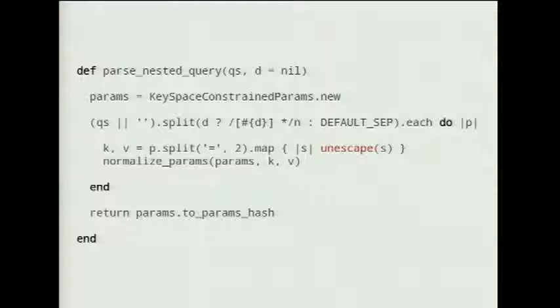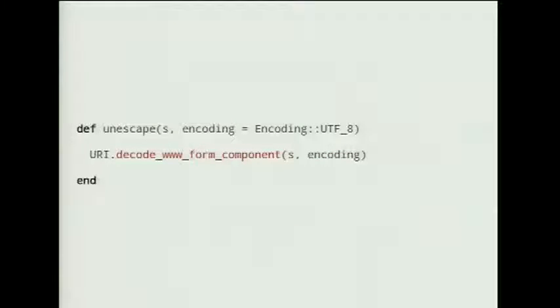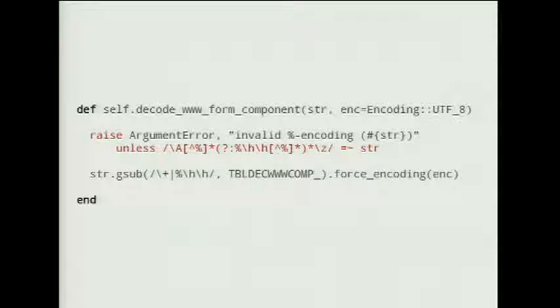What happens here is the key value pairs are split, and then since we use form encoding, they need to be unescaped. So it could be that there are some form encoded things with percent and hex characters. And this is what happened. You can see it raises an error if the data doesn't comply with this regular expression.